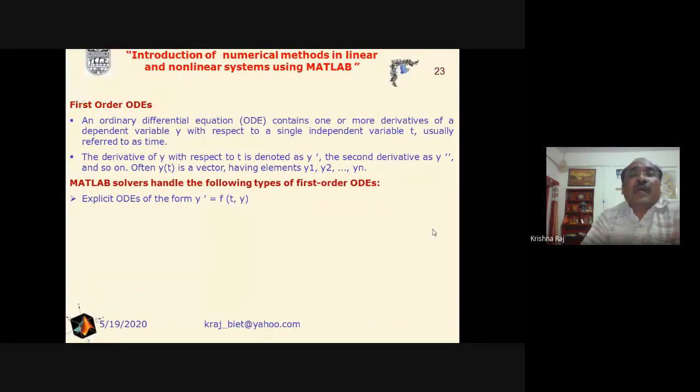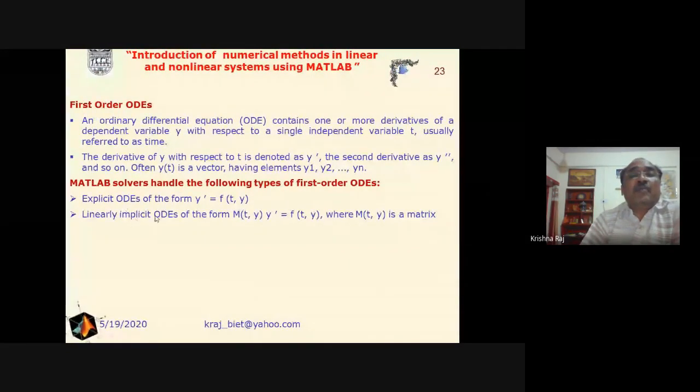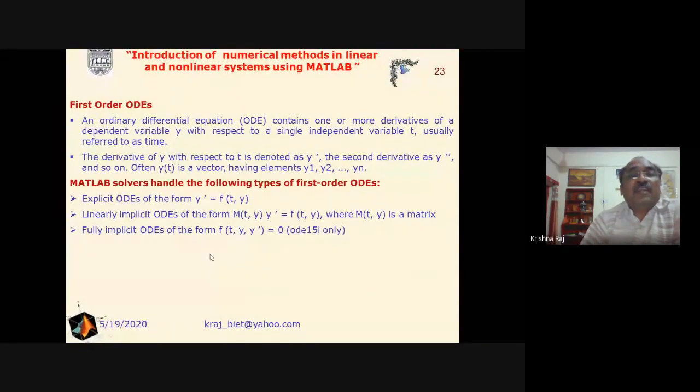MATLAB solvers handle different types of ODEs, like the explicit ODE of the form y dash equal to f of t and y. Then the linear implicit ODE, M(t,y) y dash, where y dash is multiplied by a matrix, equal to a function f(t,y). Here M(t,y) is a matrix. And the fully implicit form is a function of time, y vector and the first derivative y dash.